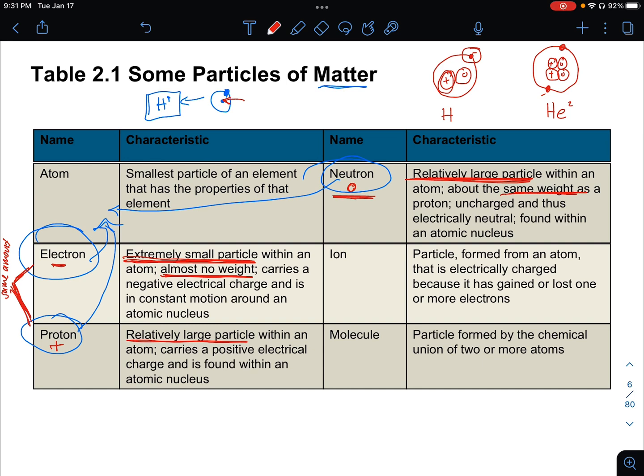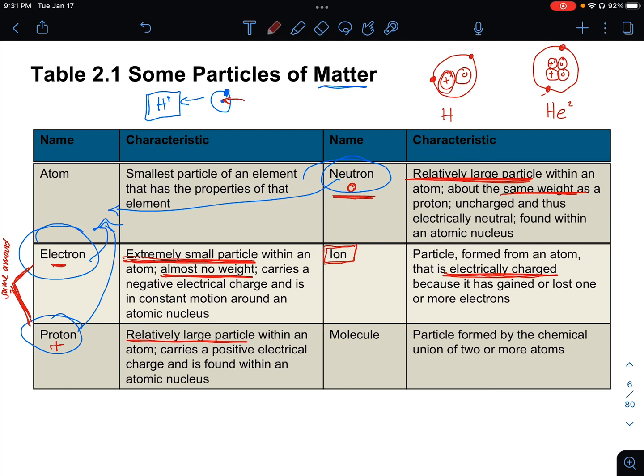If we do not have an electrically neutral atom, it's going to make something called an ion. An ion is a particle formed from an atom that is electrically charged because it has either gained or lost one or more electrons. Let's say that this hydrogen atom gains an electron from another atom.